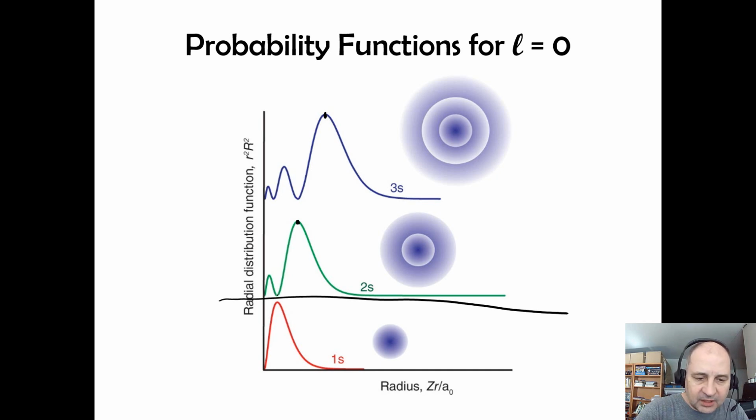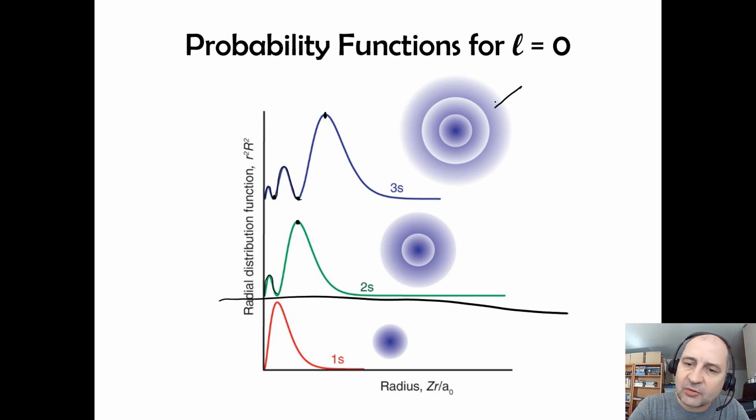What is interesting here is that we still have a little bit of electron density distributed closer to the nucleus, and then there are these areas where we touch the x-axis. That means there is zero possibility of finding an electron, and so those are called nodes.